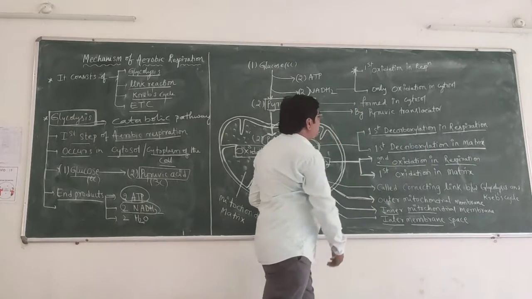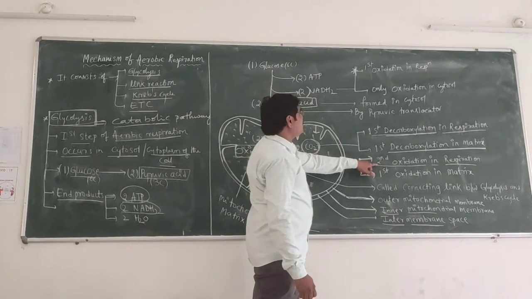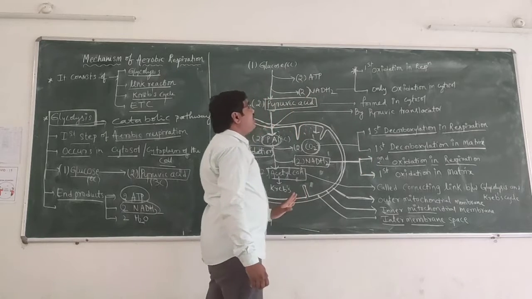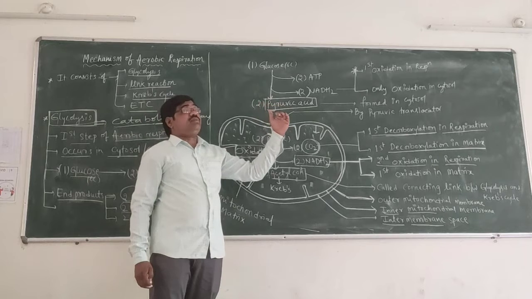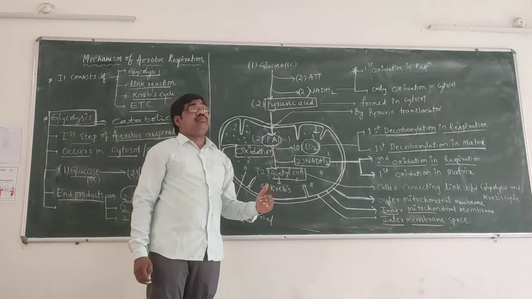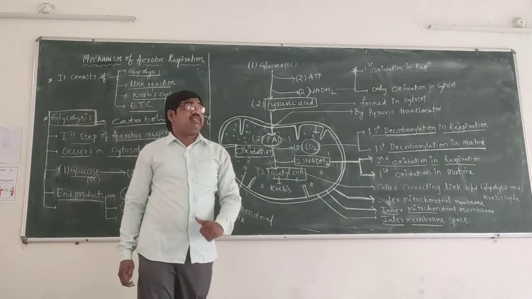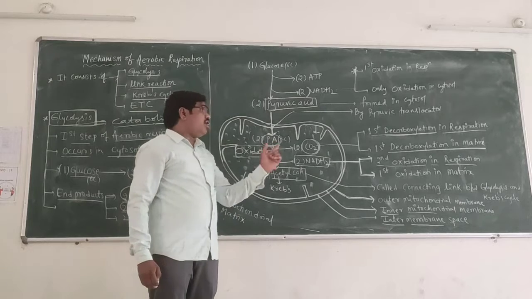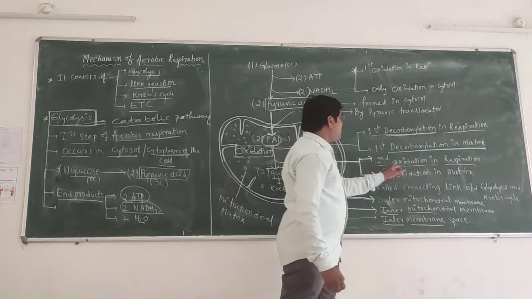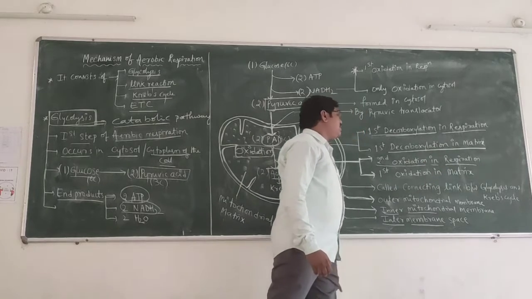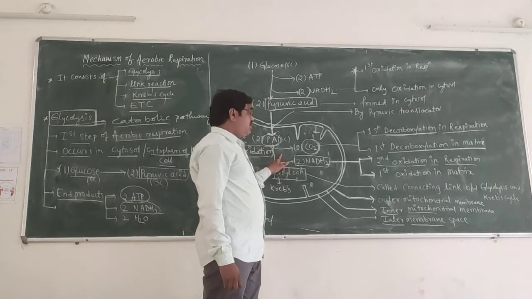But where is the first oxidation reaction? The first oxidation reaction takes place in glycolysis, where glyceraldehyde 3-phosphate undergoes oxidation to form 1,3-bisphosphoglyceric acid. The first oxidation in respiration is in glycolysis. The second oxidation in respiration is the link reaction.